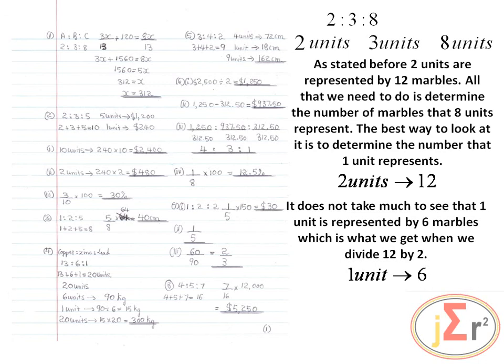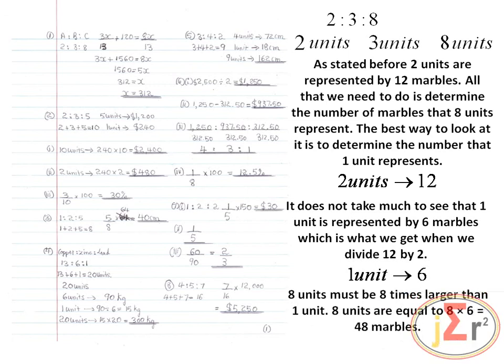So 1 unit is 6 marbles. 8 units must be 8 times larger than 1 unit. So take 1 unit, multiply by 8, you get 8 units. And what is the number of marbles represented by 1 unit? 6.